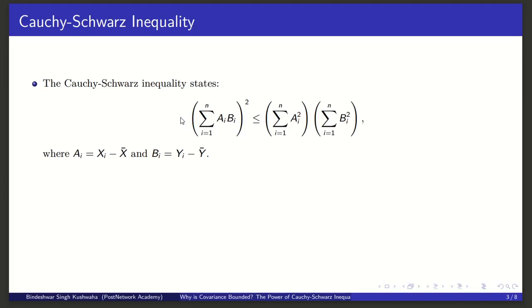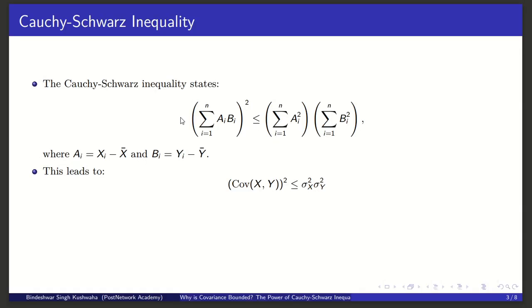And here the Cauchy-Schwarz lemma or inequality states that the square of the summation over i equal to 1 to n of ai bi is less than or equal to the summation over i equal to 1 to n of ai squared, multiplied by the summation over i equal to 1 to n of bi squared, where ai is xi minus x bar and bi is yi minus y bar.